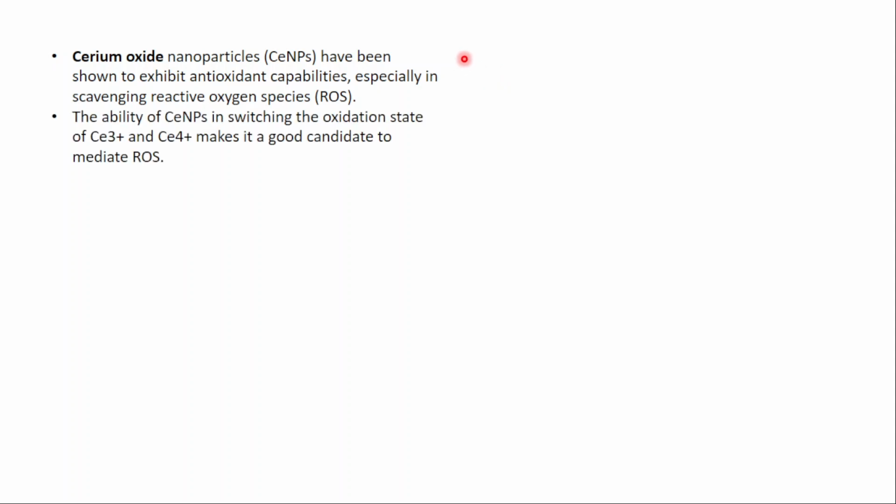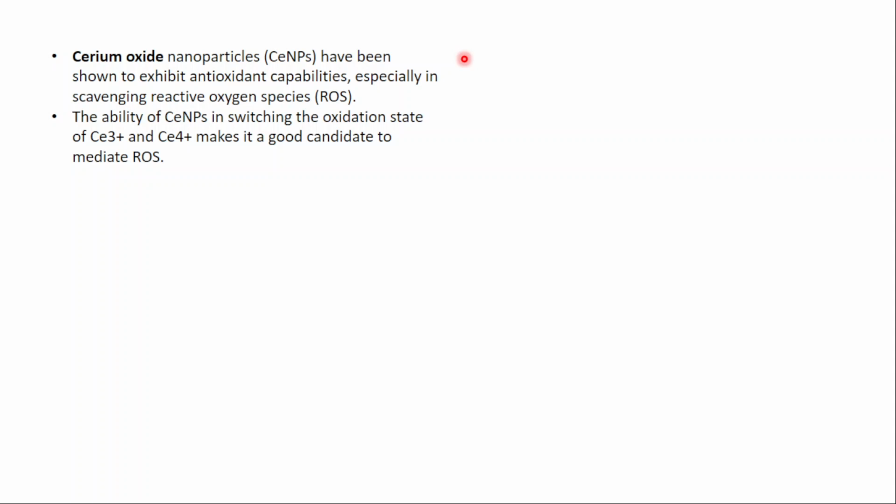And what is the characteristic that makes CeNPs a good antioxidant? It is also mentioned by Professor Mainak Das in his lectures. The ability of CeNPs to switch the oxidation state between Ce3+ and Ce4+ makes them a good candidate to mediate reactive oxygen species.